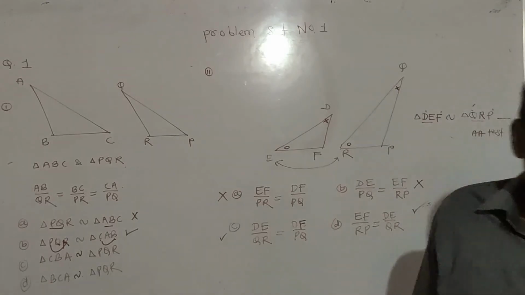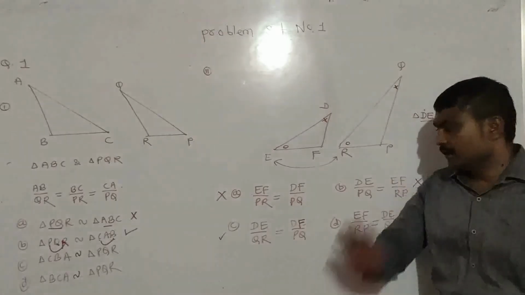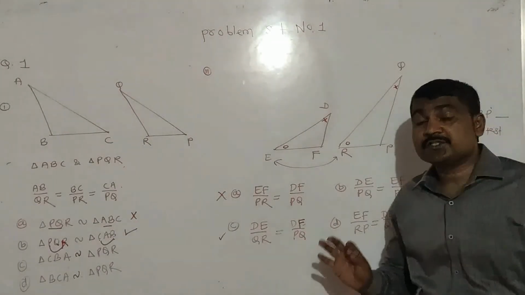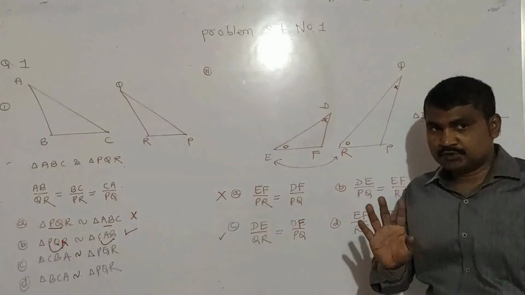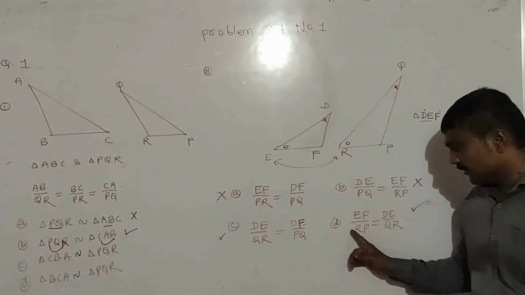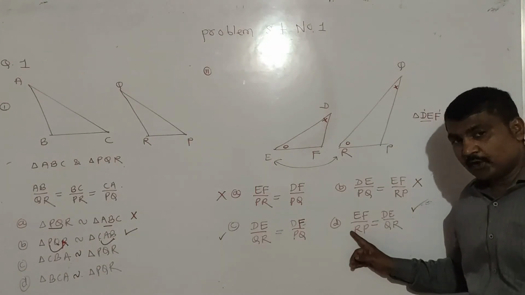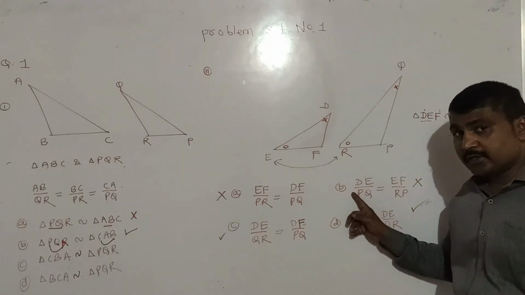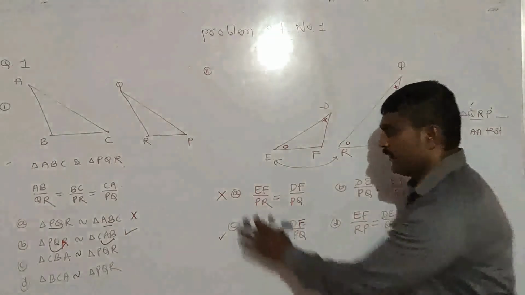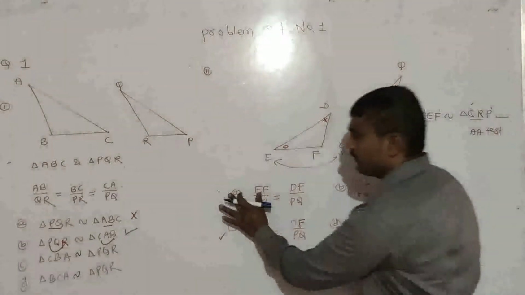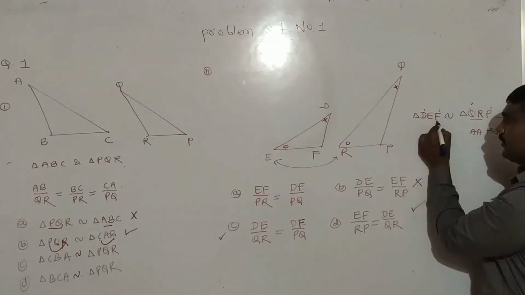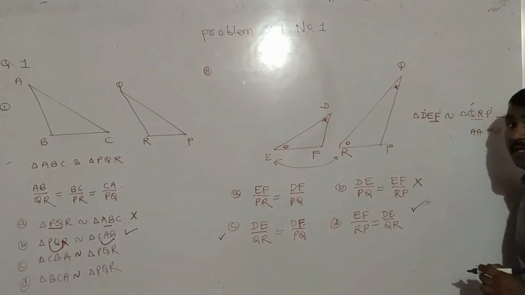I am checking the answer, wait, sorry, question number 2 is, out of this 4 option, question is which option is false? हमने अभी चेक कर दिया कि ऑप्शन नंबर C करेक्ट है, ऑप्शन नंबर D भी करेक्ट है, ऑप्शन नंबर B की ऑर्डर रॉन्ग है। तो अभी हम सोचेंगे ऑप्शन नंबर A में कुछ तो गड़बड़ है। Again I am checking the option number A. Now check EF, what is the corresponding side of EF?